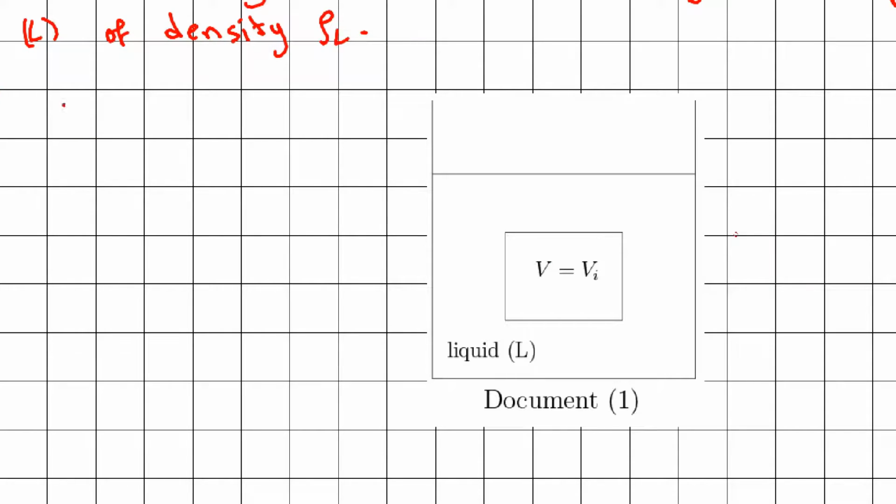So we have the solid S of density rho S, and the liquid L of density rho L. Let's consider the first case in which the density of the solid is less than the density of the liquid.